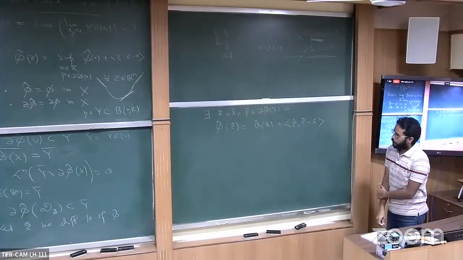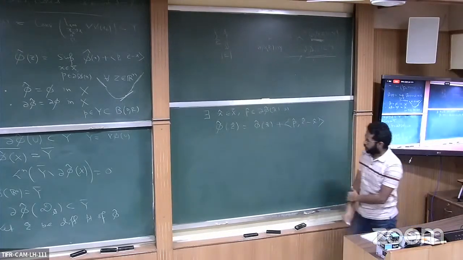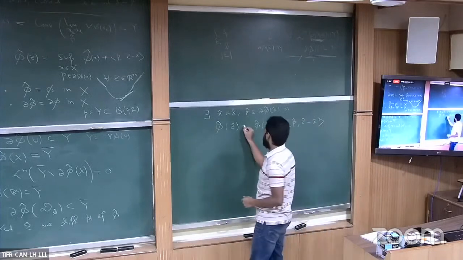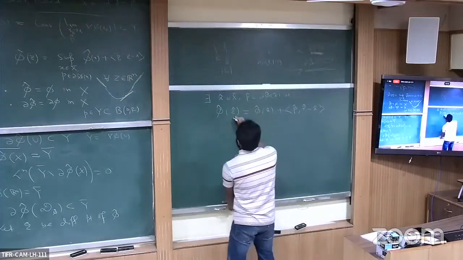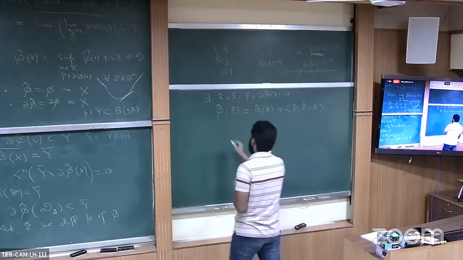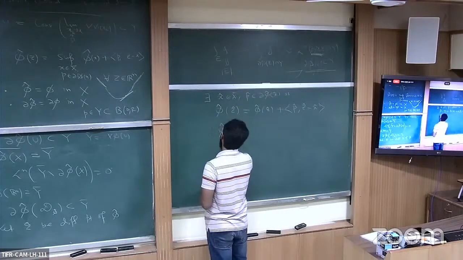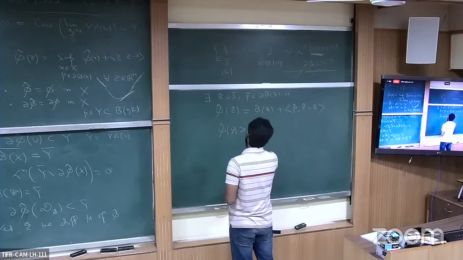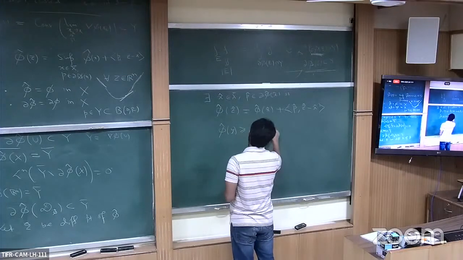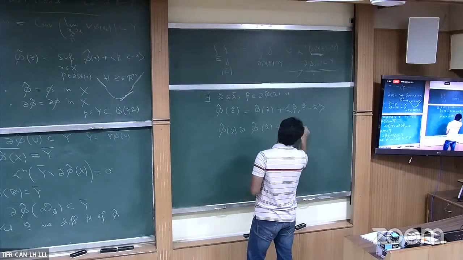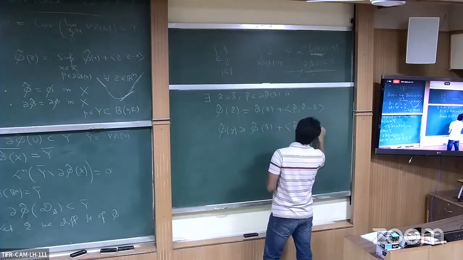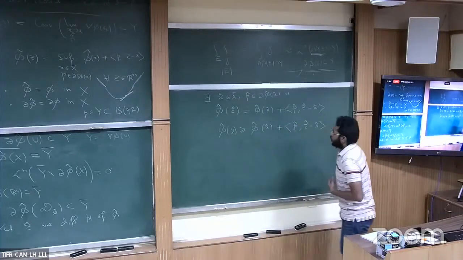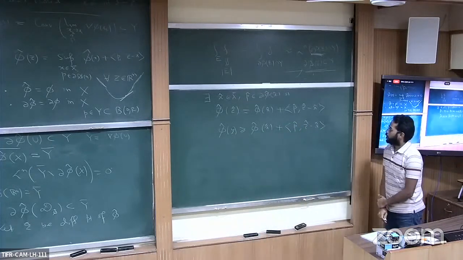All right. Now what I know is that the graph phi hat of y lies above phi hat of x hat plus p hat times (y minus x hat). So this is right.